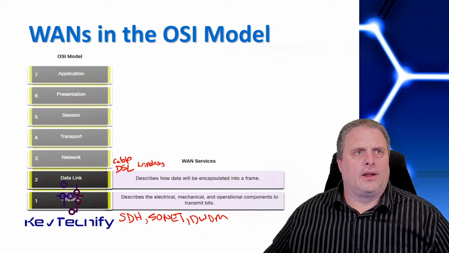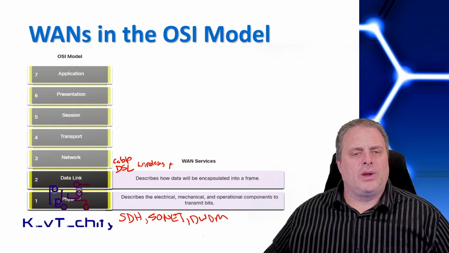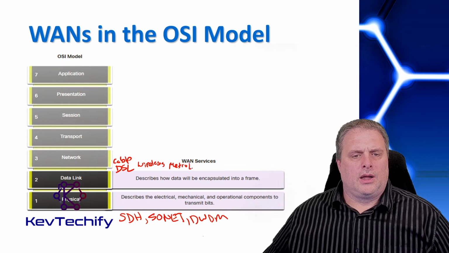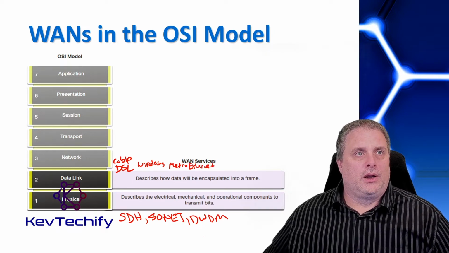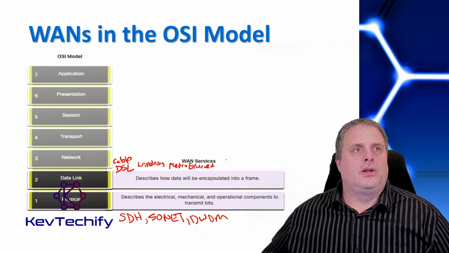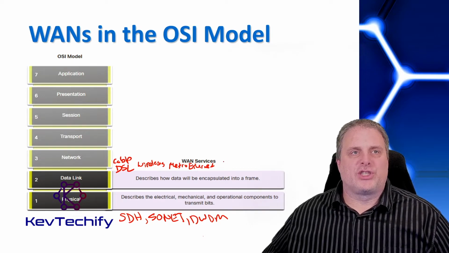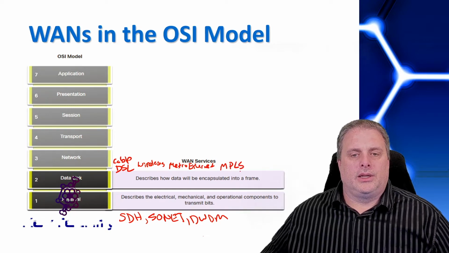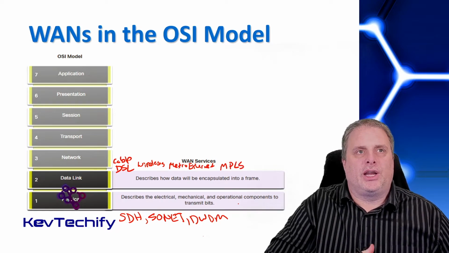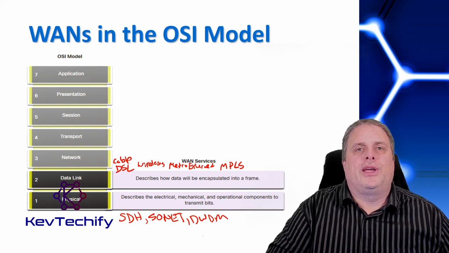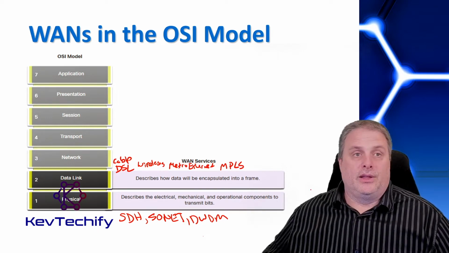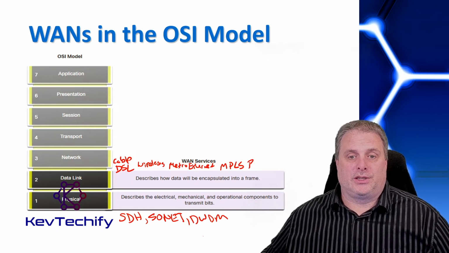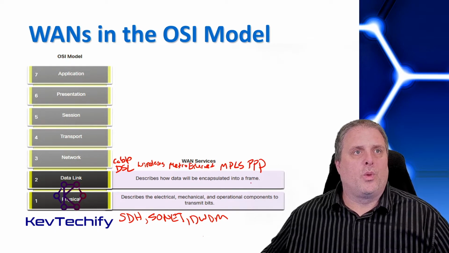We have something called Metro Ethernet, which is a high-speed WAN connection. We have multiprotocol label switching, MPLS. That's the ability to get multiple point-to-point connections over a single connection. Then we also have our point-to-point connections. That's all described here on our layer 2 for WANs.